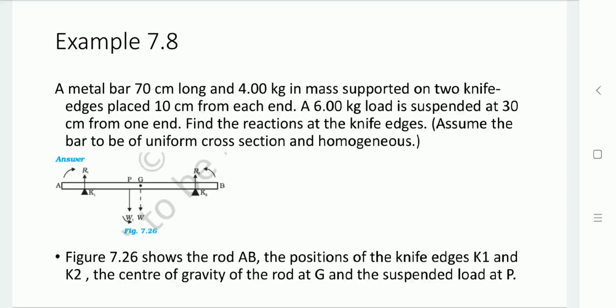This figure shows the rod AB, the knife edges at K1 and K2, the center of gravity of the rod at G, and the suspended load at point P. The weight W of the rod acts at the center of gravity, and the rod is uniform in cross section and homogeneous, so G is at the center of the rod AB, that is 70 centimeter.